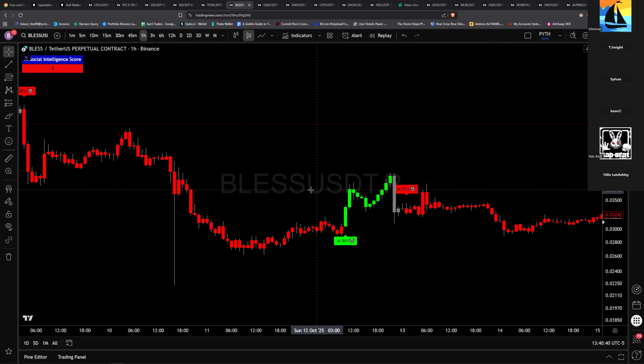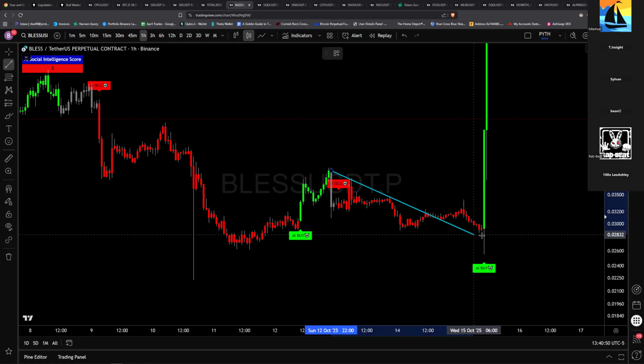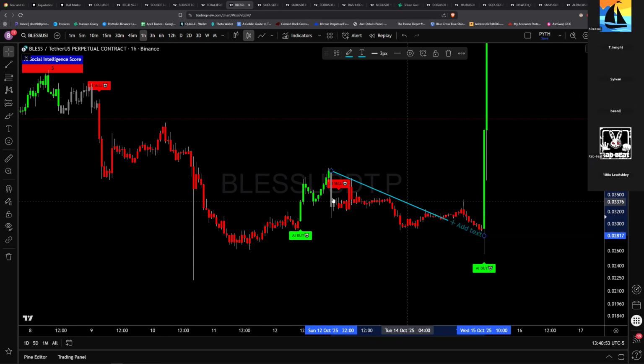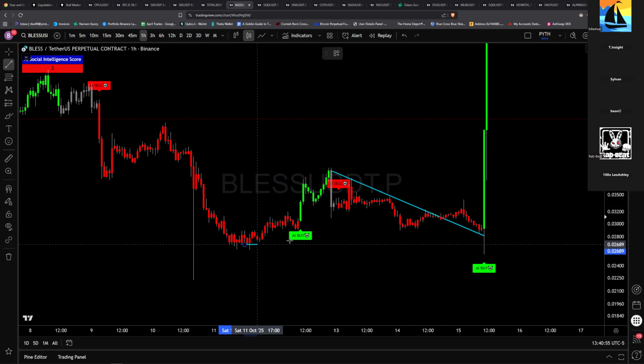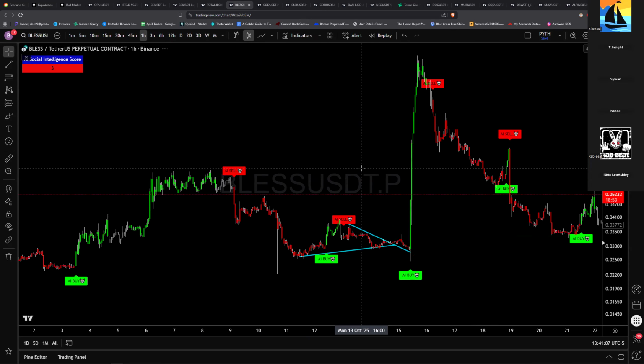You can see that if we draw a trend line here, we get a breakout and it retests that breakout. It found a bottom here and then took off. This is exactly what alts are going to do. But again, some will be slow and some will be quick to do it like this.